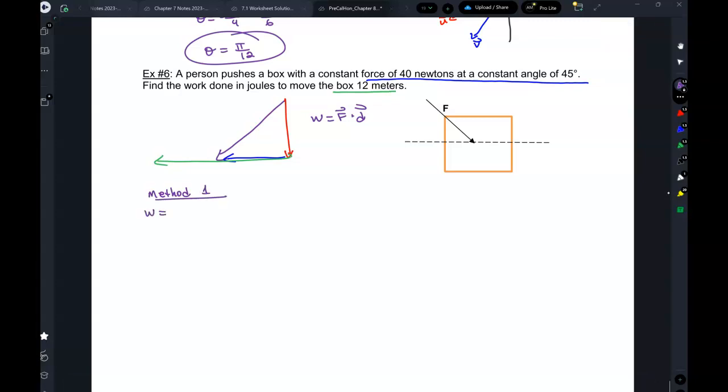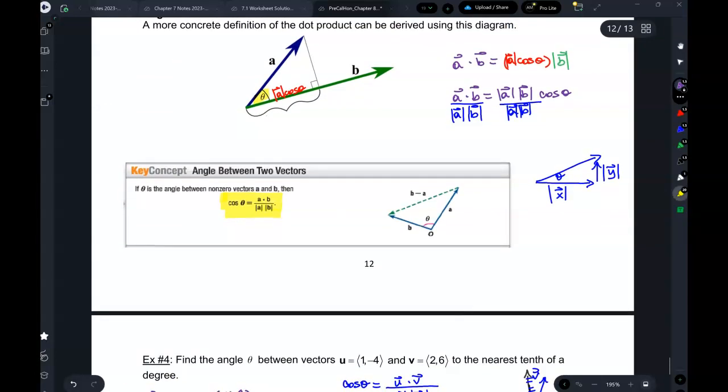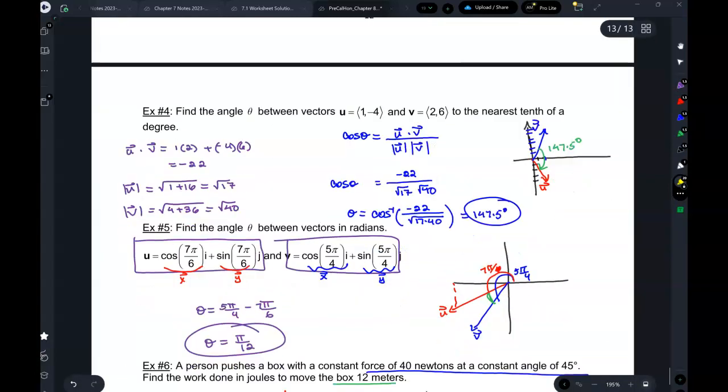Work is force times distance, which is the same as the magnitude of the force times the magnitude of the distance times cosine theta. Right? Look, that's what we came up with over here. A dot B is just magnitude, magnitude, cosine theta.